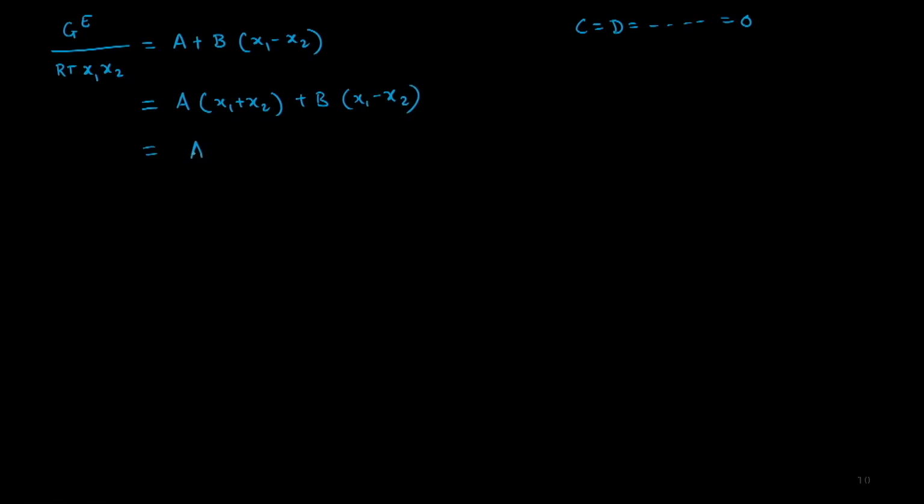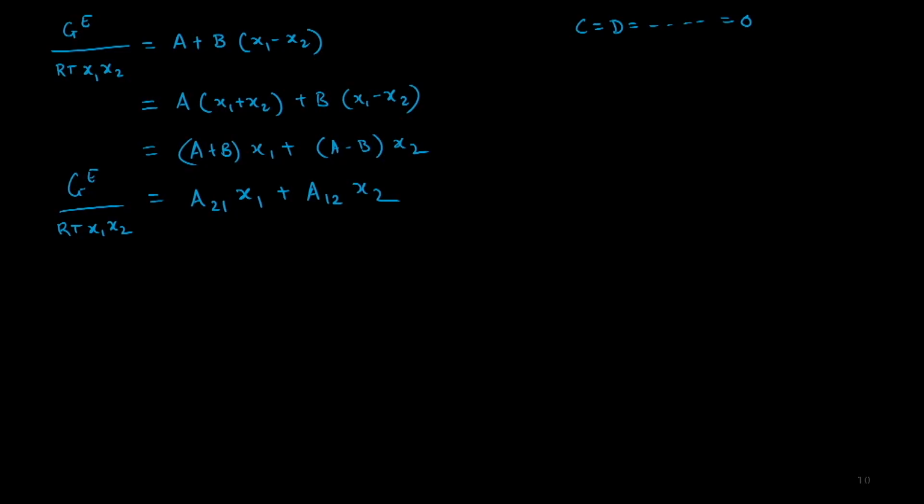And then I can write it as (A plus B) times x1 plus (A minus B) times x2, right? We'll give a name to these quantities: A21 x1 plus A12 x2. So I can rewrite the Redlich-Kister expansion containing two terms in this fashion: GE by RT x1 x2 will be A21 x1 plus A12 x2.